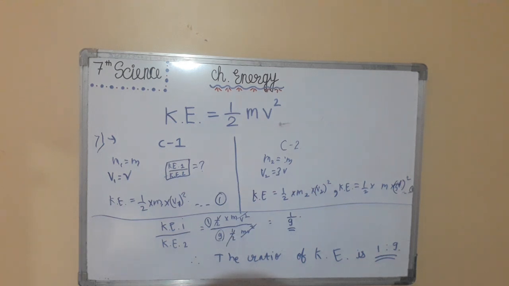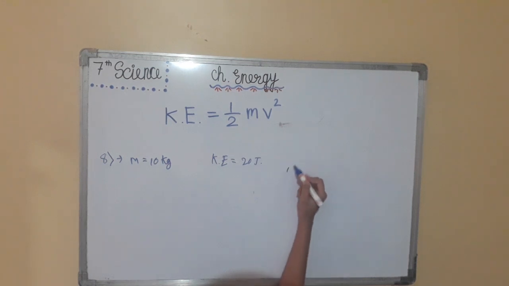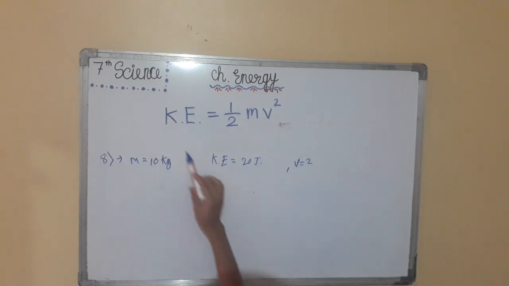So the solution of this question: given mass is equal to 10 kg and kinetic energy is equal to 20 joules. Velocity is equal to what? We know that kinetic energy is equal to half into mv square.